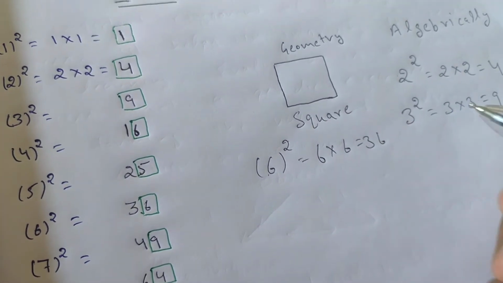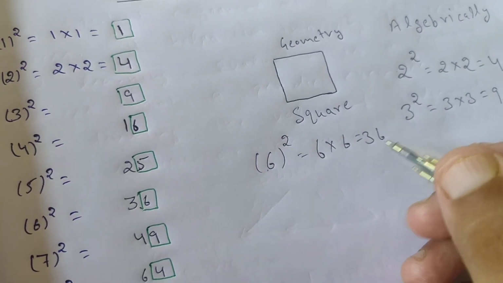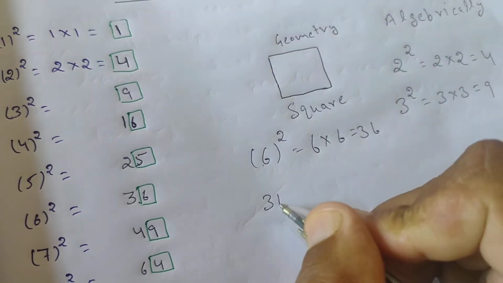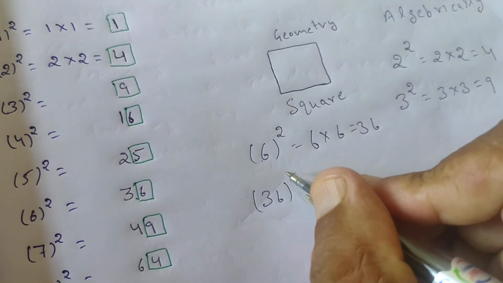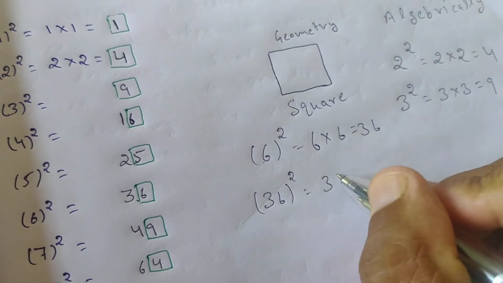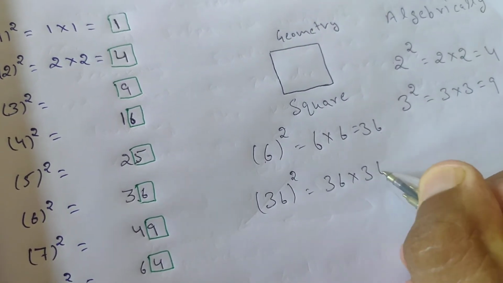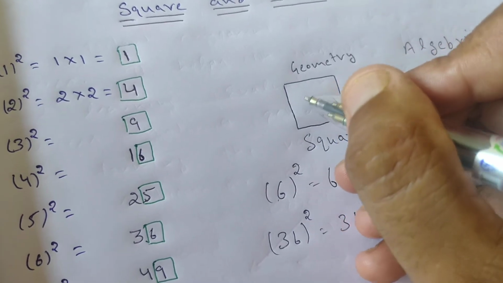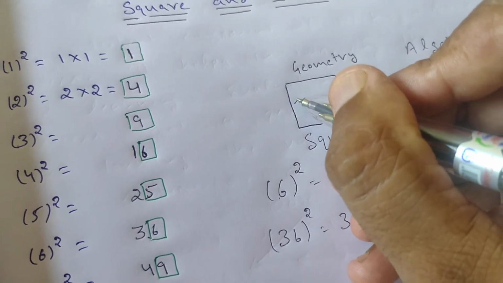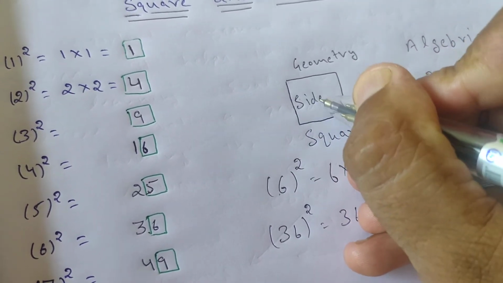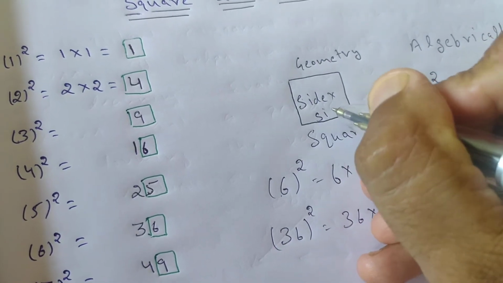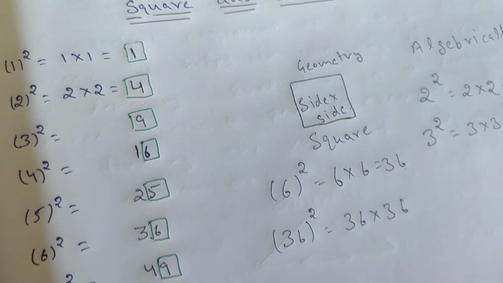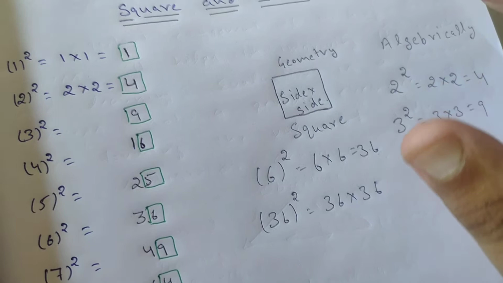If we ask what is 36 square, it is 36 raised to the power 2, meaning 36 multiply 36. Here also, you know very well, the area of a square is side multiply side. This is square.